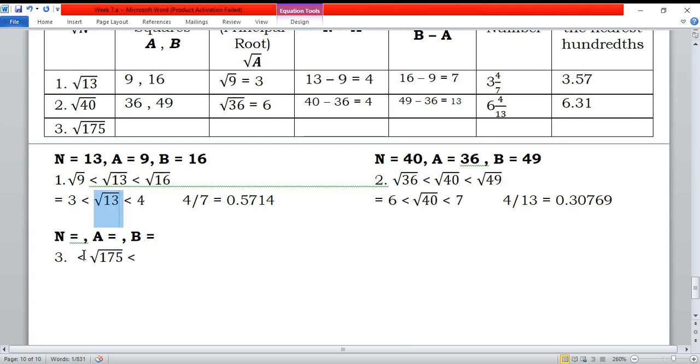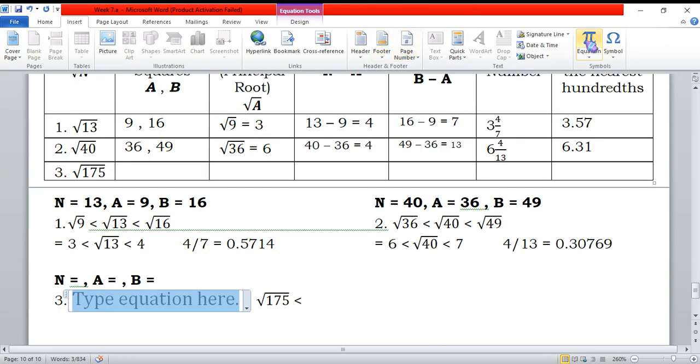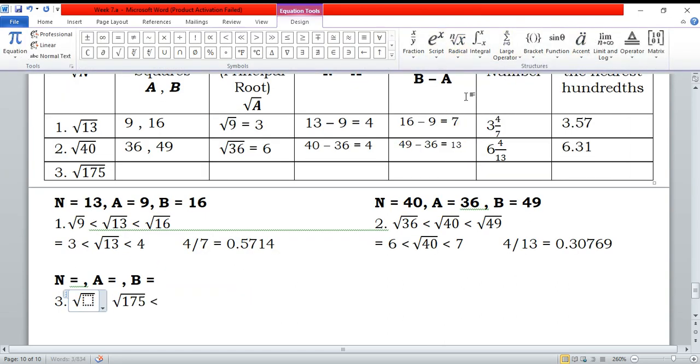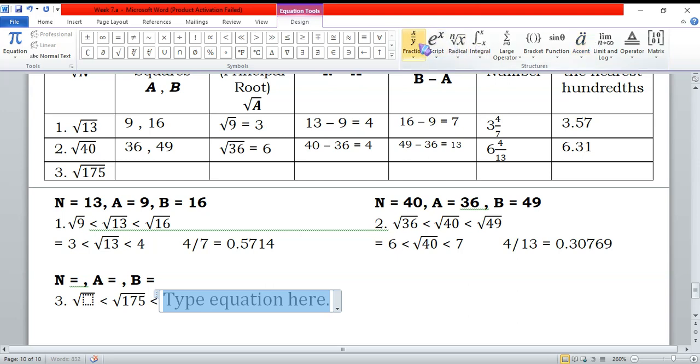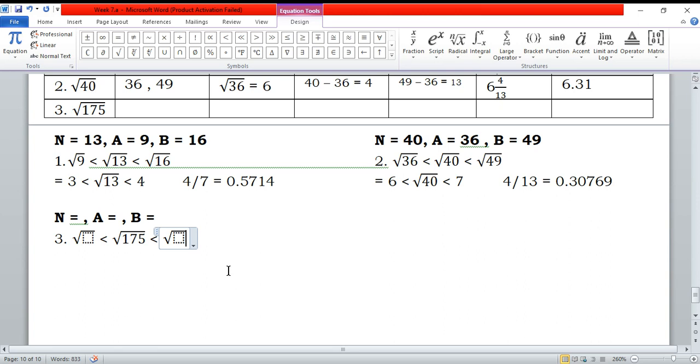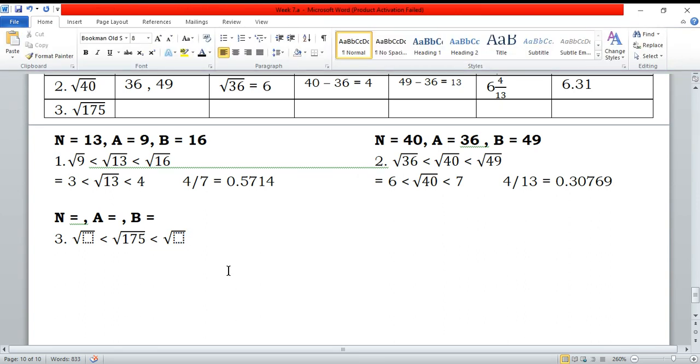Okay, so equals natin lagay tayo dito ng square root. Ayun. Dito naman lagay rin tayo ng radical sign. Insert, then click this one. Ayun, okay. So, ano kaya to? The square root of 175. Okay, so square root of 175.